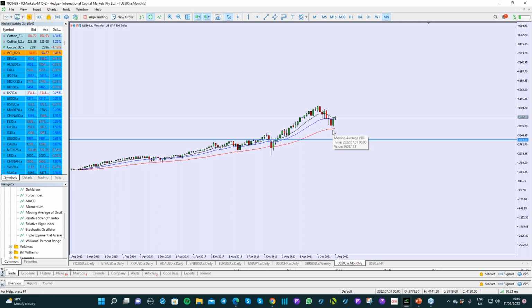That doesn't mean buying is the only way to make money. My point is, a pullback to the 50 moving average is normal on the monthly time frame. It doesn't necessarily mean the uptrend is over.